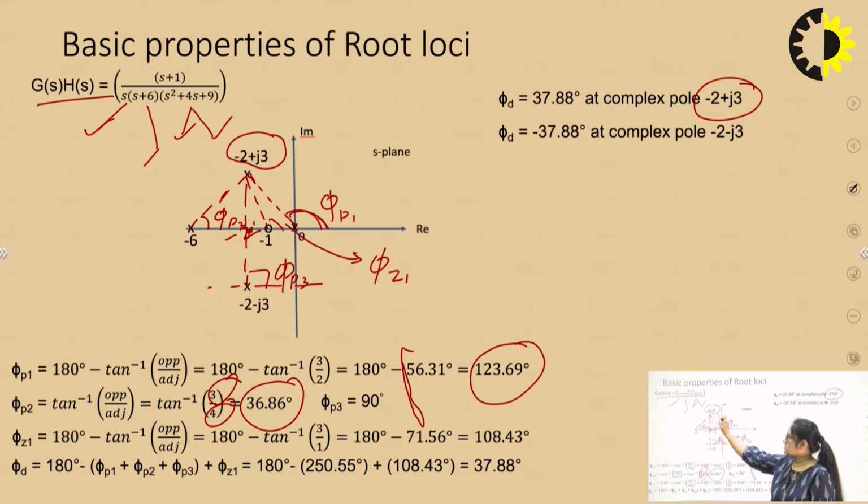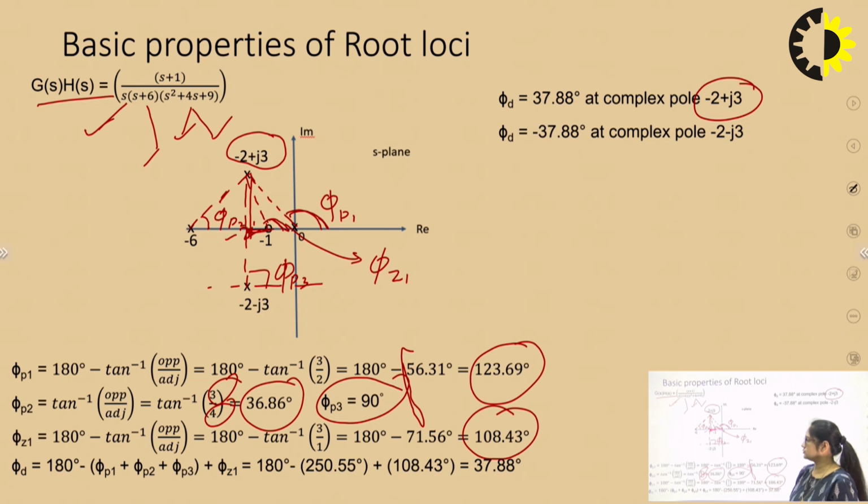Since this is a straight line perpendicular to the real axis, the angle phi P3 is 90 degrees. Now the angle of the vector drawn from the zero comes out to be 180 degrees minus tan inverse 3/1, because this distance is 1 and this distance is 3, so it comes out to be 108.43 degrees.